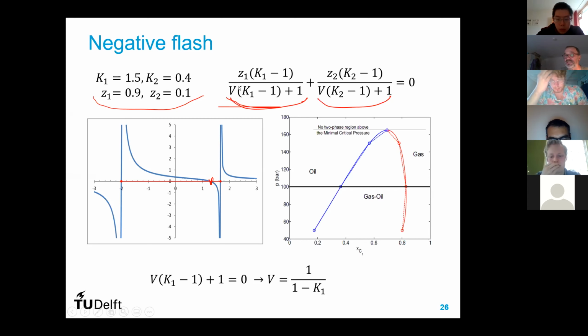Because if you substitute your composition here, based on this relation, if you substitute Z equal to 1 or Z equal to 0, it will be exactly the boundary of your physical space, right? Because composition couldn't be negative or bigger than 1. And that corresponds to these two asymptotes in the negative flash.